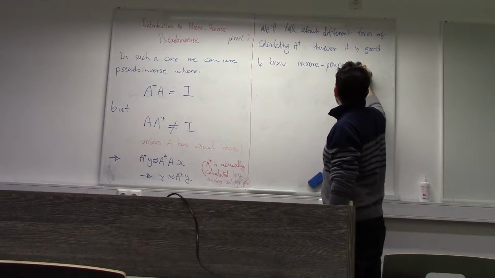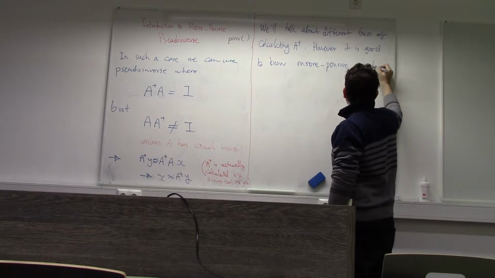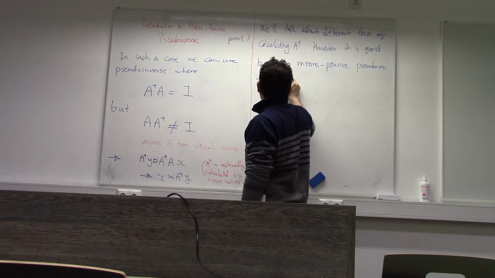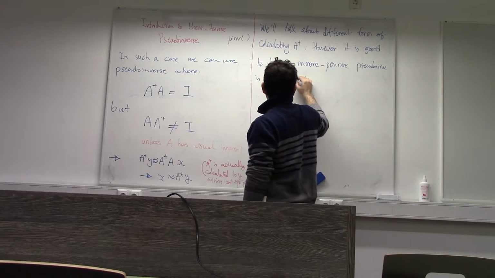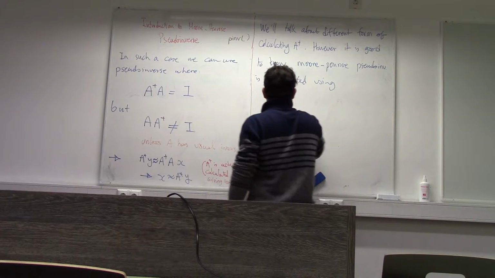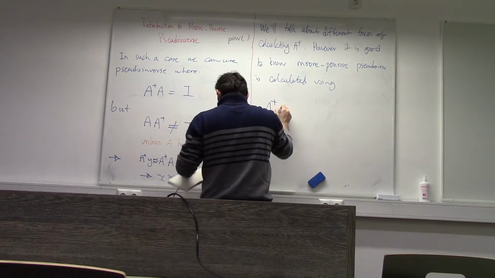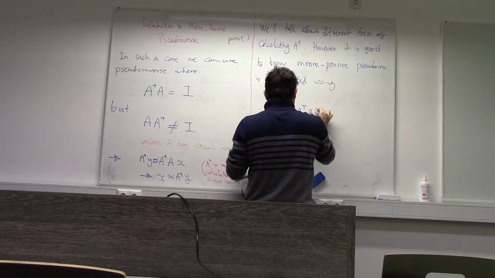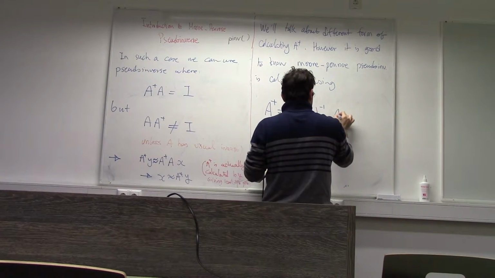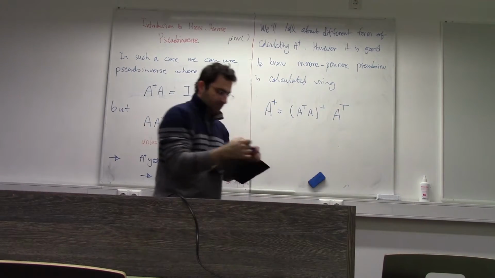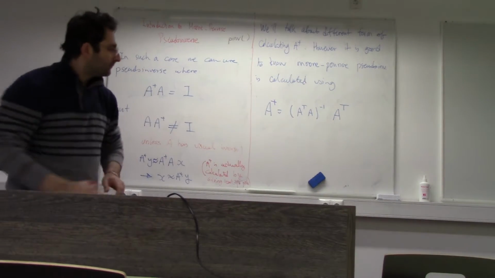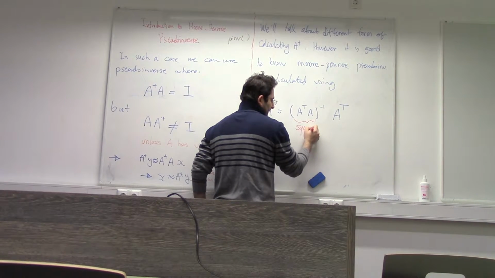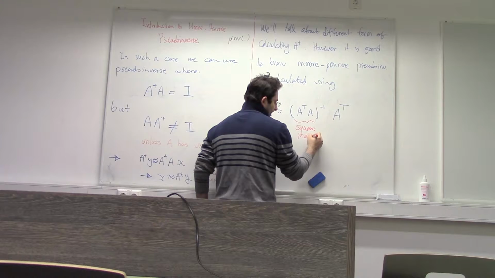The Moore-Penrose pseudo-inverse is calculated using this formula: A plus is A transpose A inverse multiplied by A transpose. We know that this is definitely a square matrix.